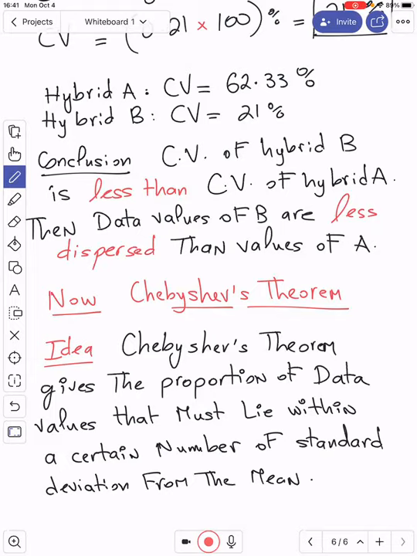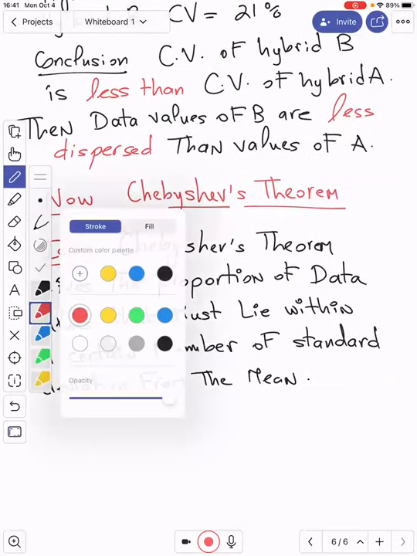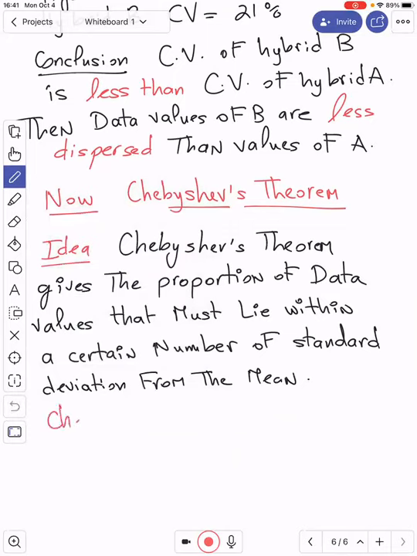So what does the theorem say? Okay, so here's Chebyshev's theorem.